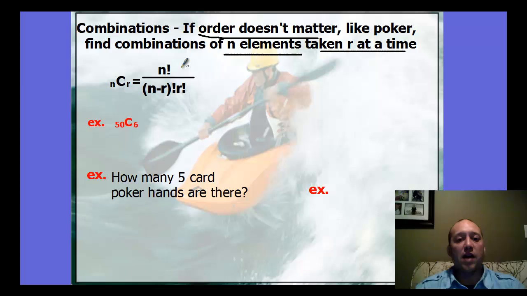Now to evaluate that, we use nCr as the notation, and that's n factorial divided by n minus r factorial times r factorial. So like 50C6 could be found by doing 50 factorial over 50 minus 6 factorial times 6 factorial.